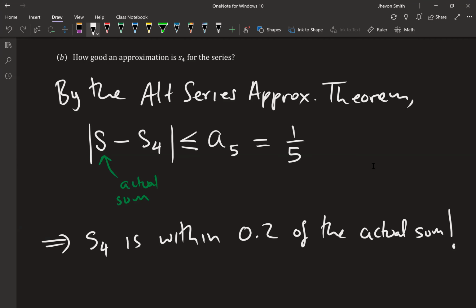So if your tolerance is 0.2, using S4 as an approximation for the series is good enough. If whatever application you're using can tolerate being off by 0.2, you only need to add up 4 terms, not an infinite number.